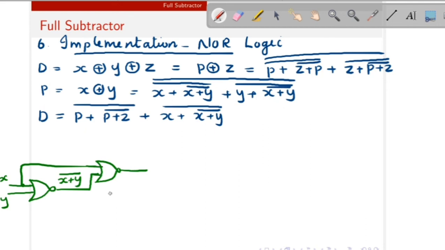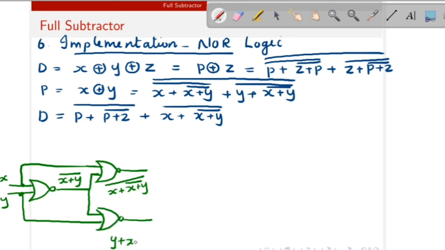So here we get x plus y bar whole bar. Similarly x plus y bar is node with y. Here we have y plus x plus y bar whole bar. Then we take these two outputs and node together.